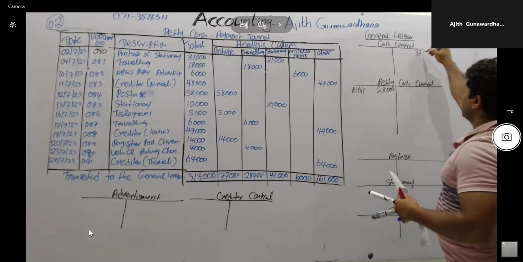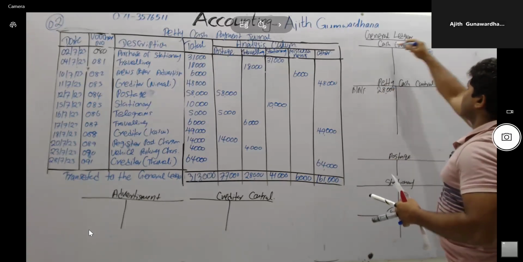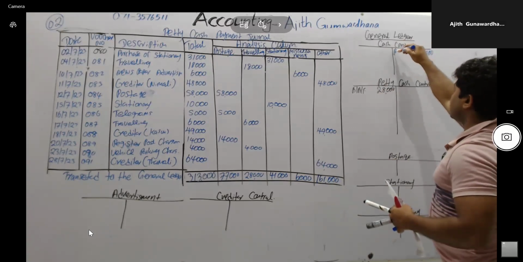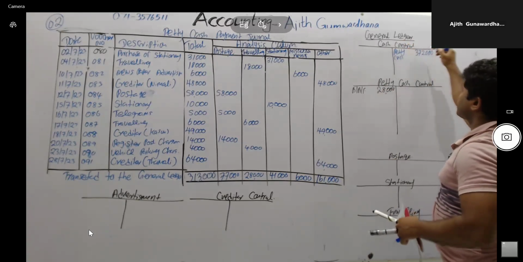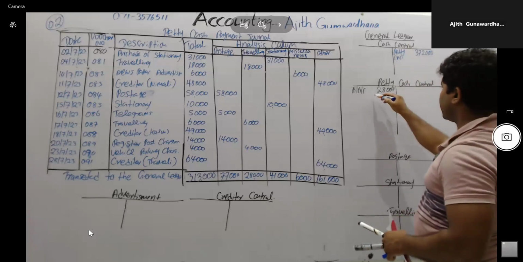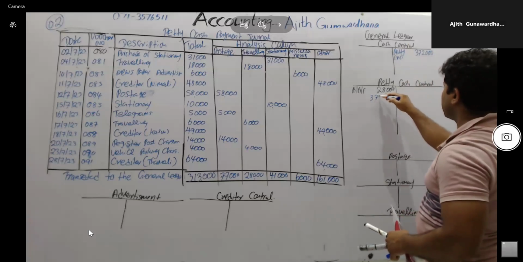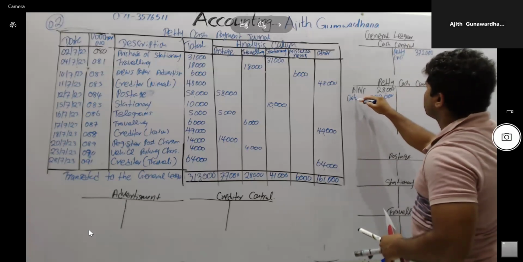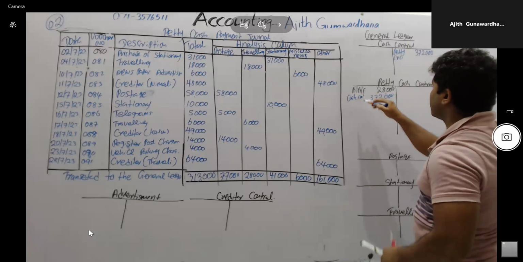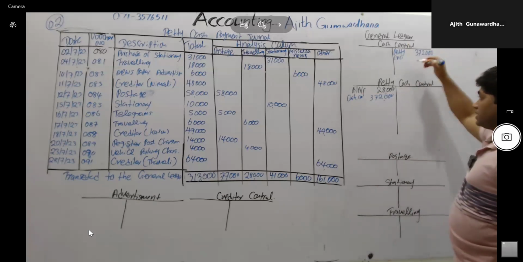Therefore, 372,000 cash control account credit as a petty cash control. Petty cash control account debit 372,000 as a cash control. This is called reimbursement.